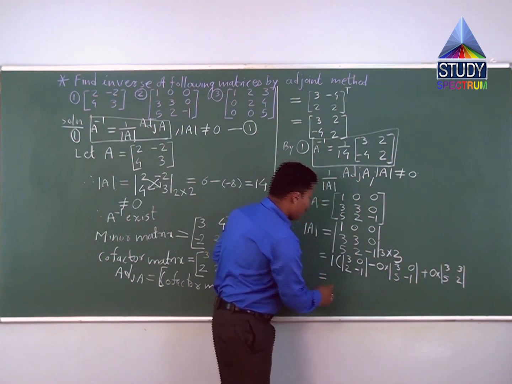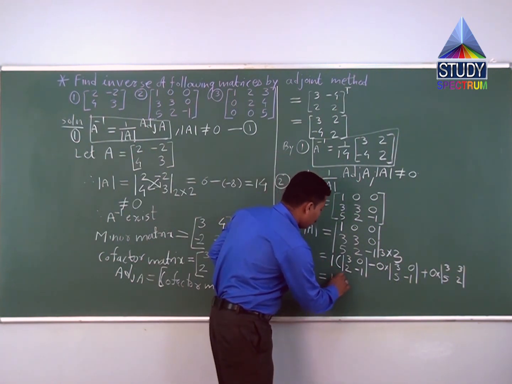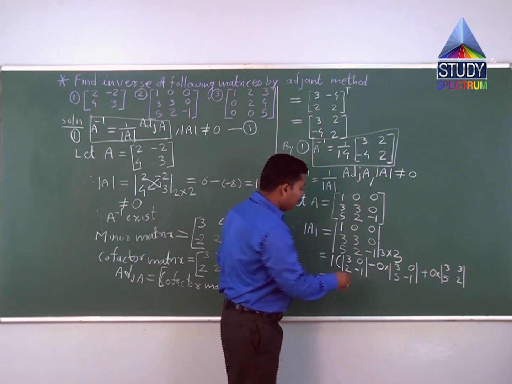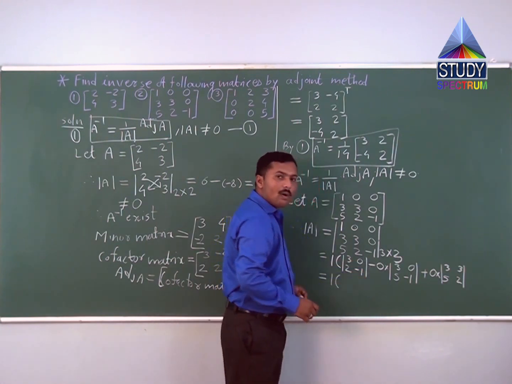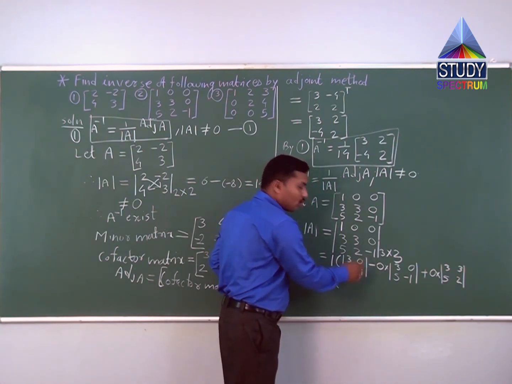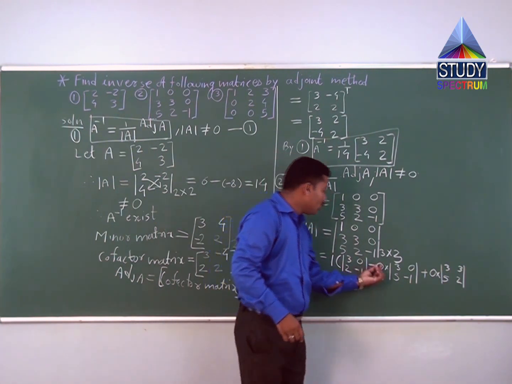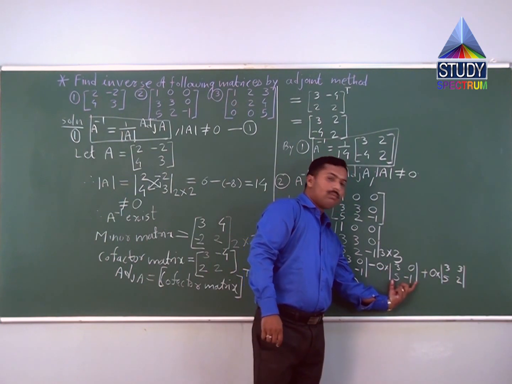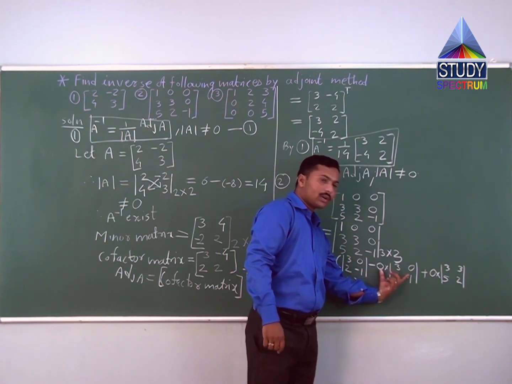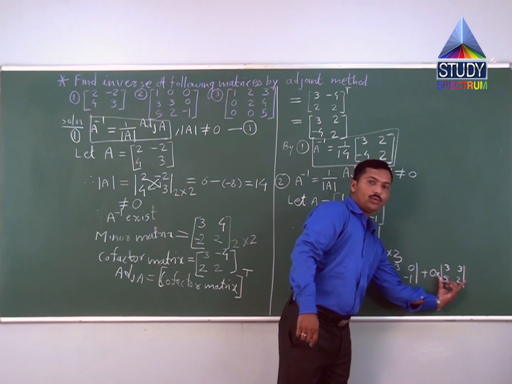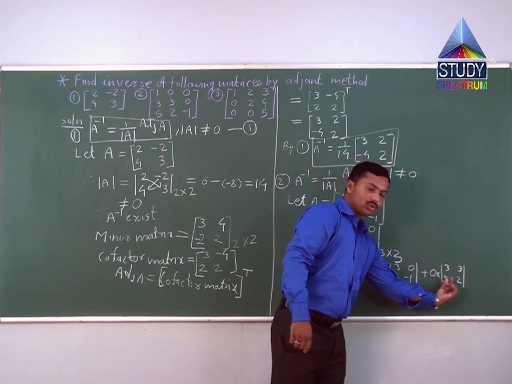Equal to 1 into, so determinant of this: 3 into minus 1 minus 2 into 0, so only minus 3. Here 0 into any number is 0, so this product is 0. Also 0 into any number is 0, so this is also 0.